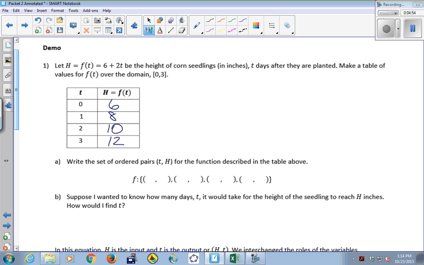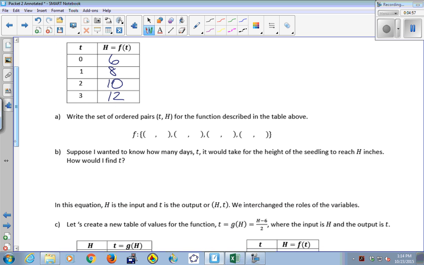So I want to write a set of ordered pairs t comma h that comes from this table. So it's just 0, 6, 1, 8, 2, 10, and 3, 12. So let's say this particular function is not very helpful to me, right?